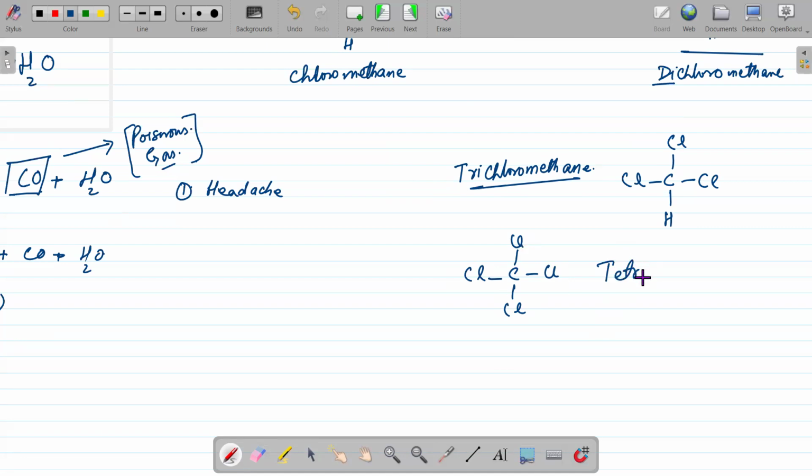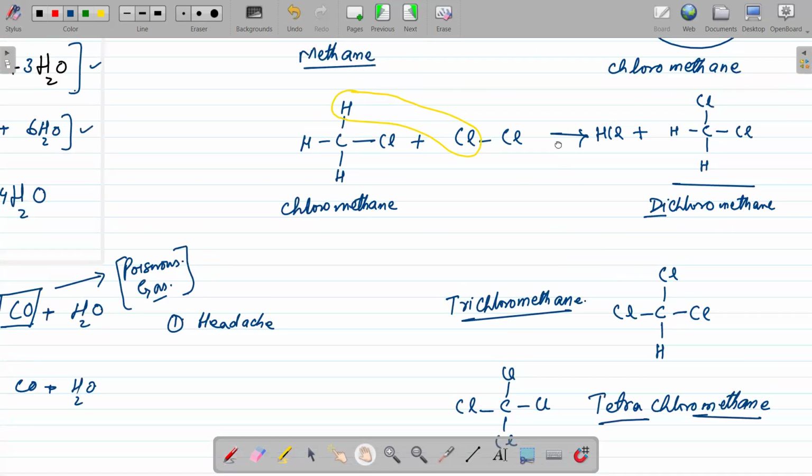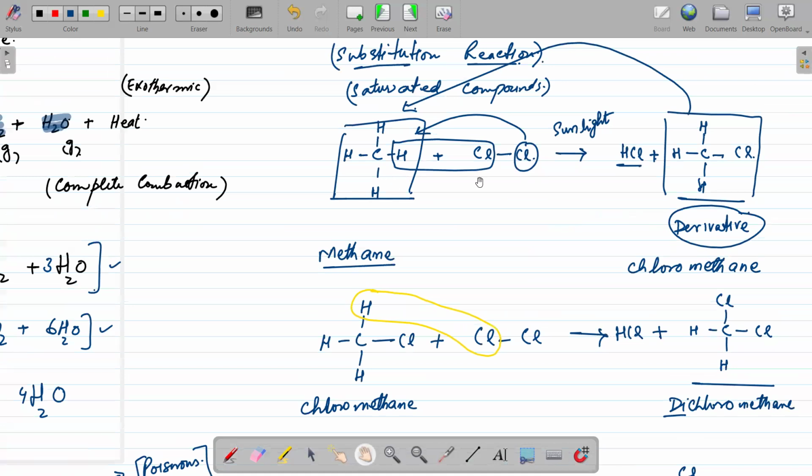Four chlorine atoms, it will be tetrachloromethane. So all four hydrogen atoms are substituted by chlorine atoms. And remember the conditions of these substitution reactions. Sunlight is very important because in the absence of sunlight, this reaction will not occur.